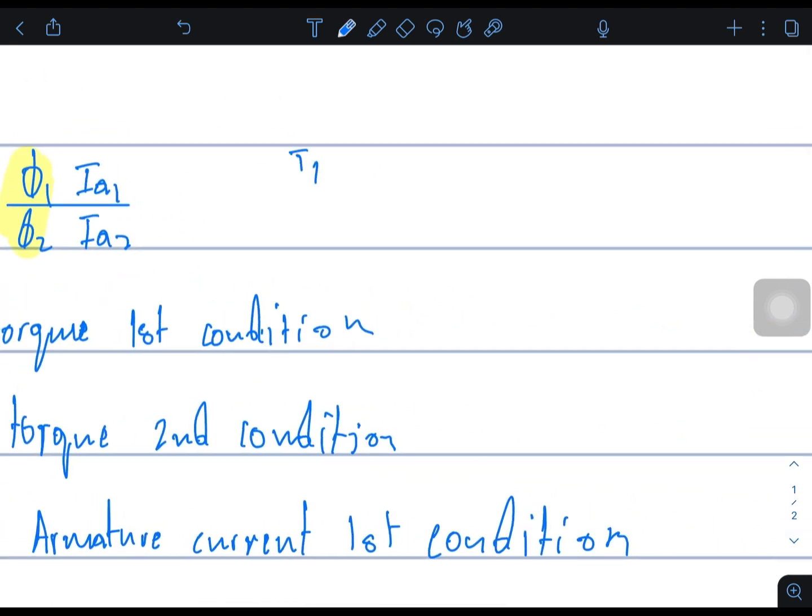T1 over T2 is equal to I field 1 I armature 1 over I field 2 I armature 2.